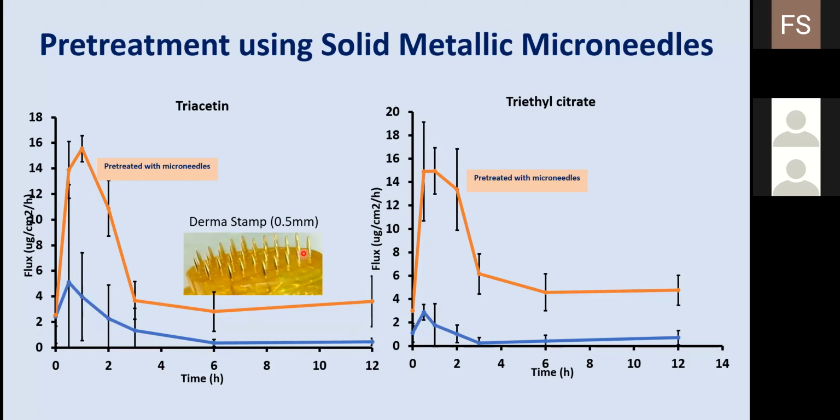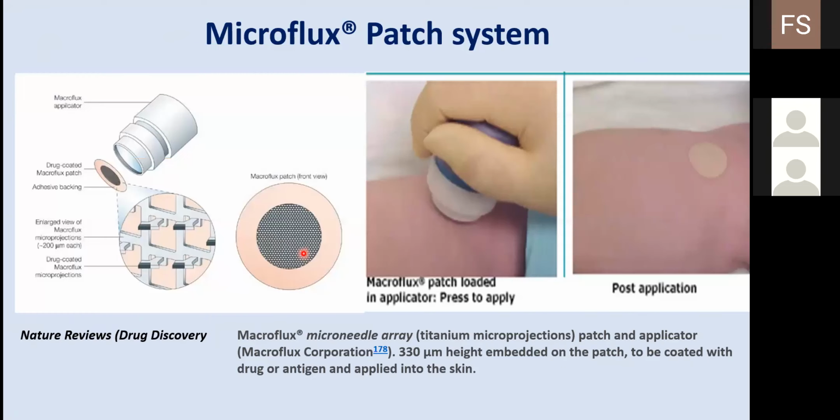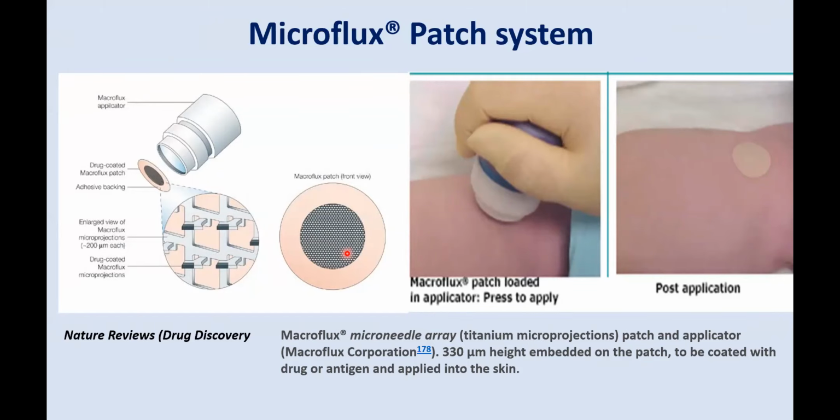Then you apply it onto the skin, and all the contents present on the surface will be released into the extracellular fluid of the skin, and then eventually you retract the metallic microneedle after delivery of the drug. So one such patch, Microflux, was developed. I think Zosano was the company that initially started with this.